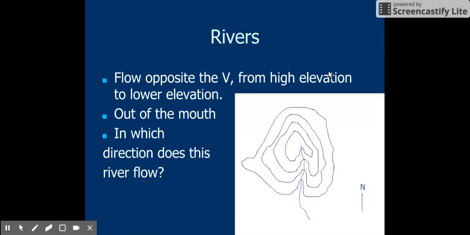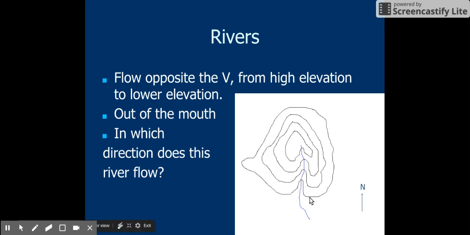You also need to know how to tell the direction of a river's flow by looking at contour lines. So on a map like this, you have these circular contour lines. Remember, the top of the mountain is the smallest one in the middle. But sometimes you'll see this indentation on the contour line. We call that the V shape. It looks like an upside down V on this map.